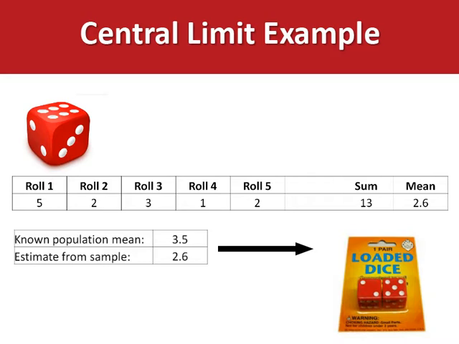The second possible cause is that the die is in fact fair, but our estimate of the population mean is a bit off due to random chance when making our 5 rolls. So ostensibly, if we took a different sample, if we rolled the die 5 more times, we would get a different estimate of the mean, and perhaps we'd draw a different conclusion.